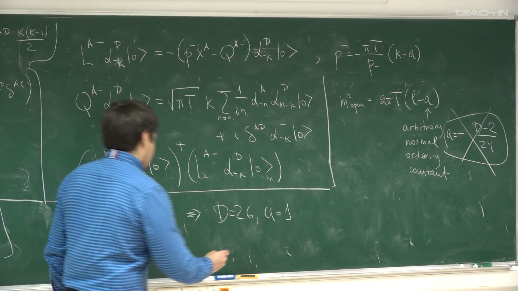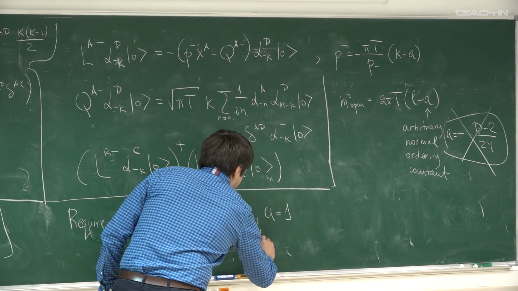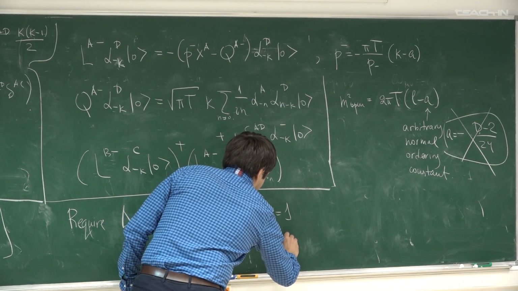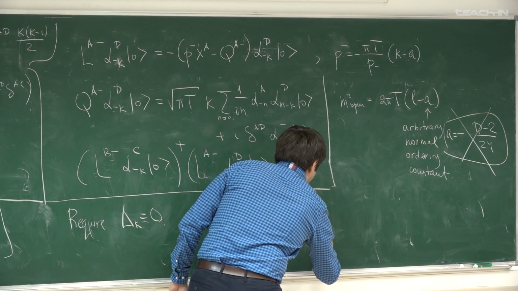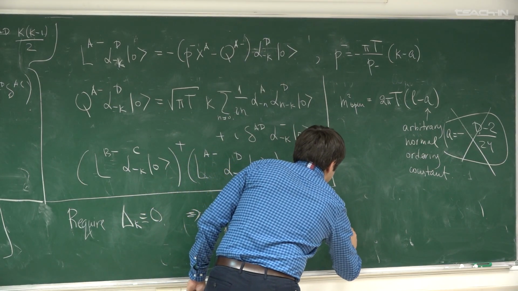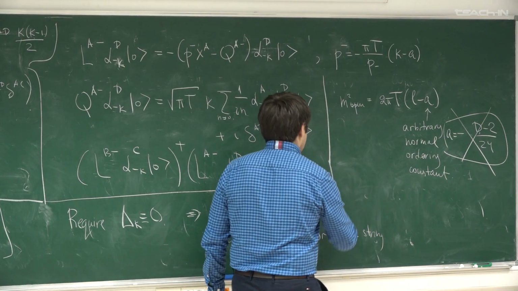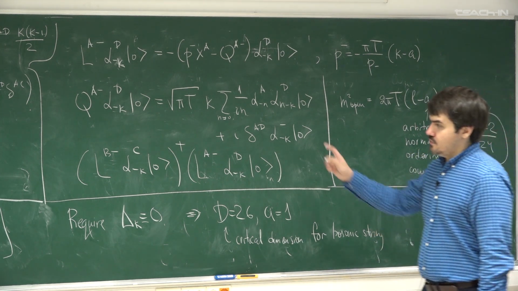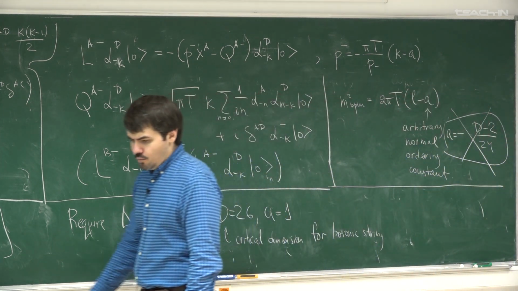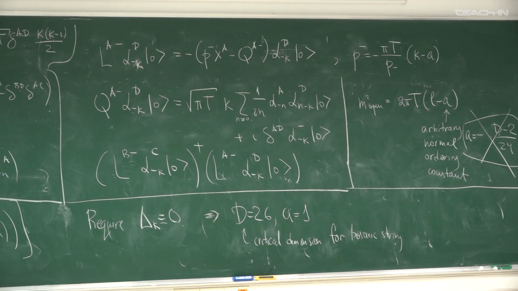So this is called a critical dimension for the bosonic string. And we did all of this for the open string. For closed string, you have also these alpha tildes, but it will lead to the same answer.